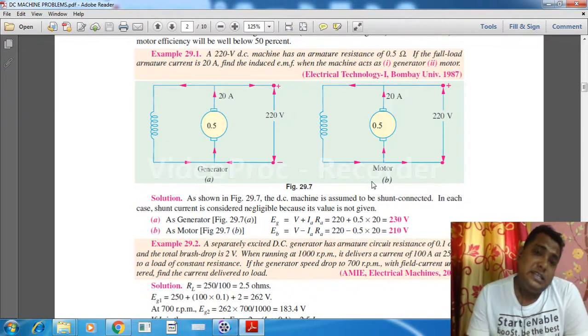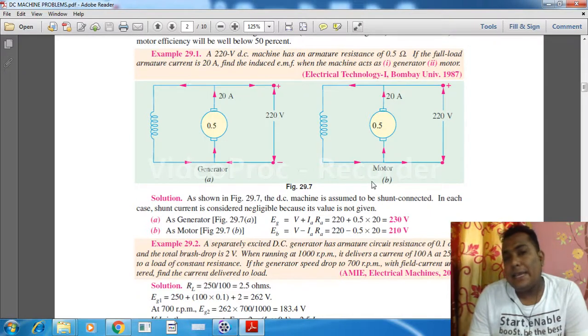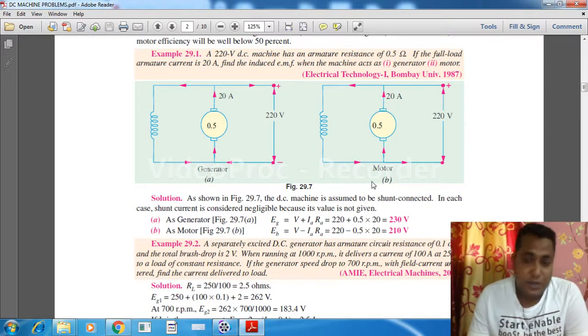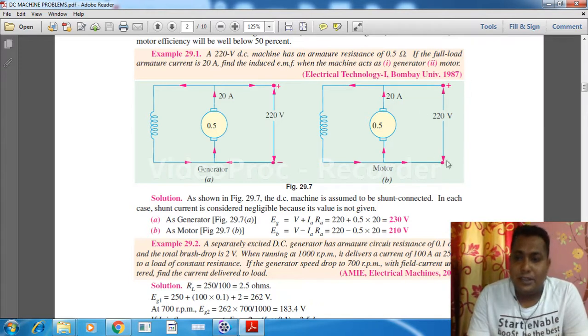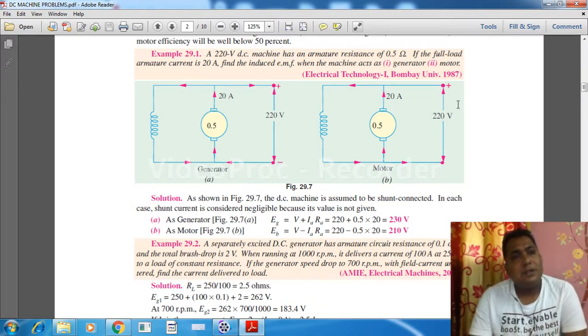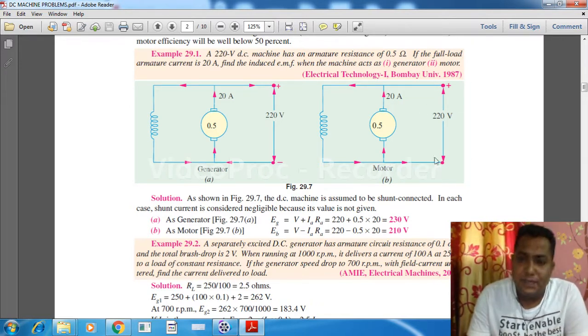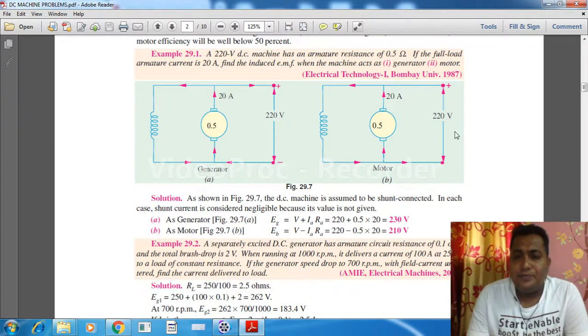That's why Eg is equal to V plus IaRa. But in case of motor, not Eg, this V is the input terminal, correct? So this is the supply end, and in this case of this motor, this is the supply.